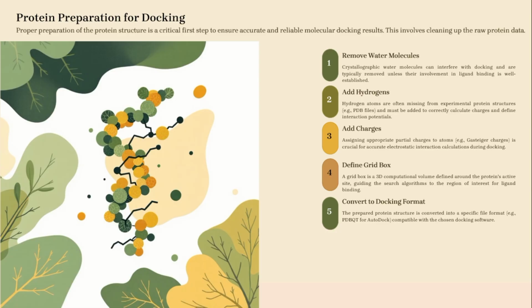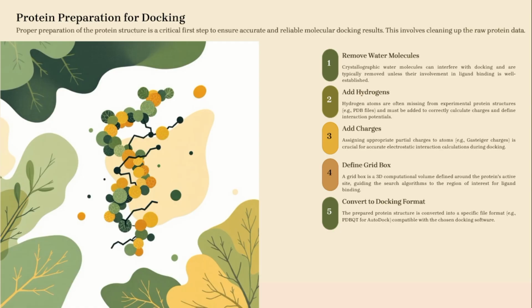So the protein preparation steps are: remove water molecules, fix missing atoms or residues, add polar hydrogens, add Kollman charges, define active site grids, and save as PDBQT. The file format for docking is mandatory. You may have saved it in PDB, but Vina reads only PDBQT files. If you save it in SDF format, Vina will not read it.